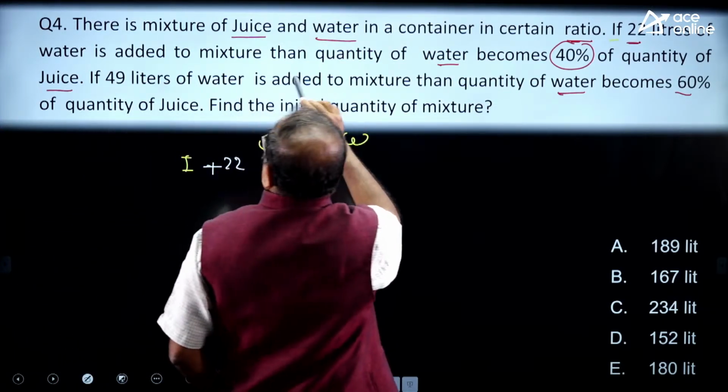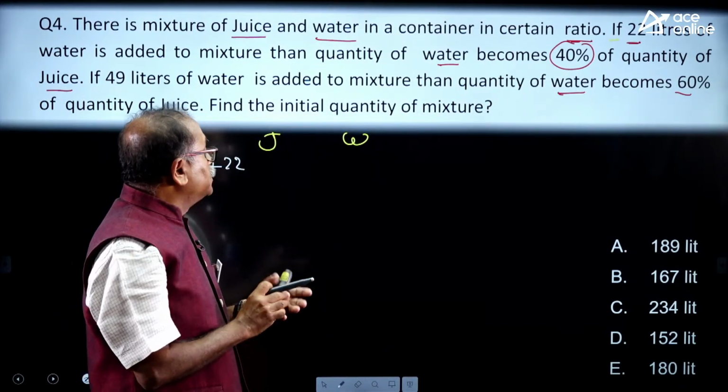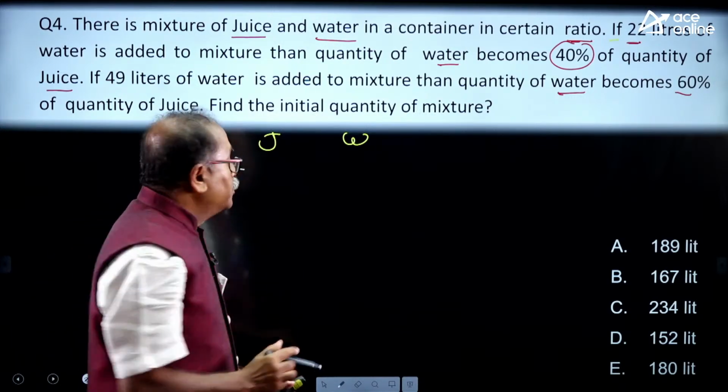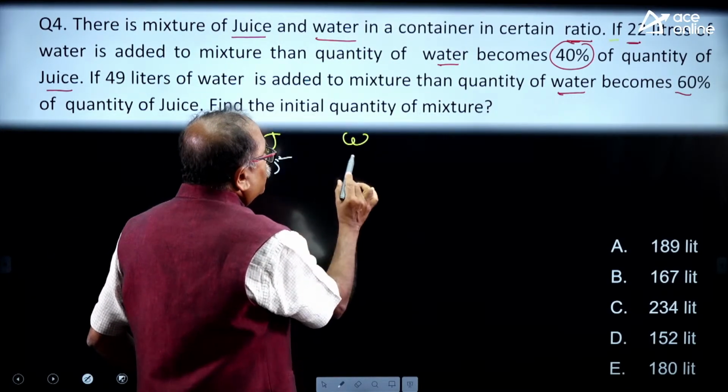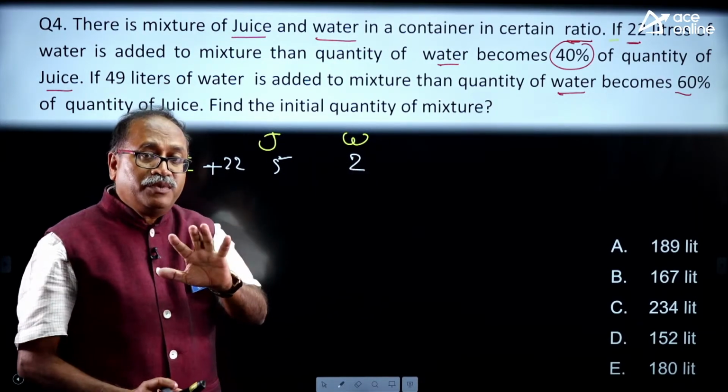The water will be 40% of the quantity of juice. That means if the juice is 100, the water will be 40. The ratio will be 5:2.